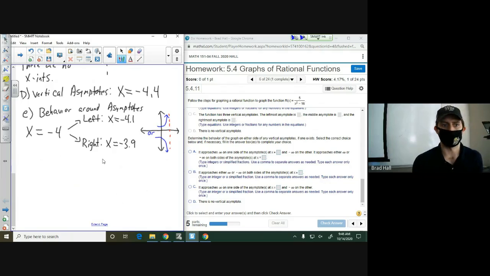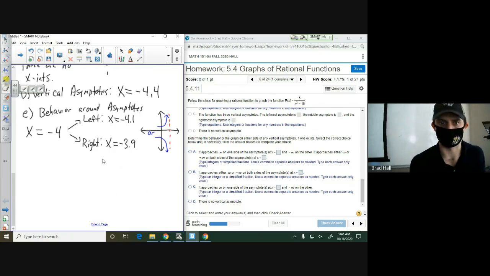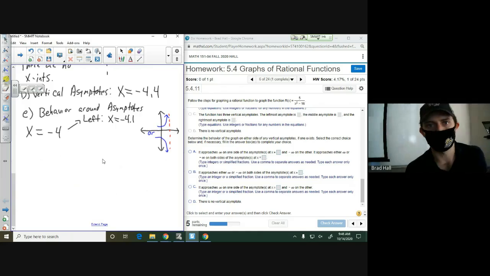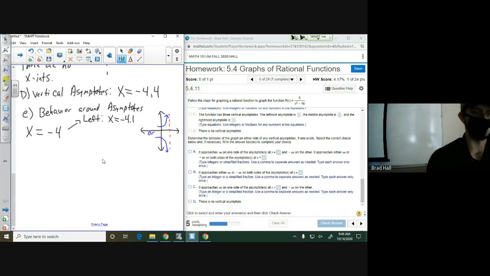Now, luckily, we only have to look at one of these, either left or right, provided we have a good sense of determining the multiplicity. So really, we're only going to look at the left, because with the right, we're going to use multiplicity to figure out the right side without having to do the extra work. So for the left, we're going to plug in negative 4.1 into every x value.